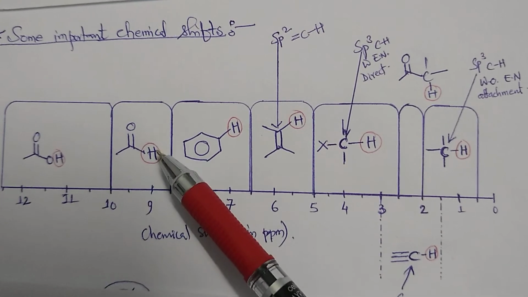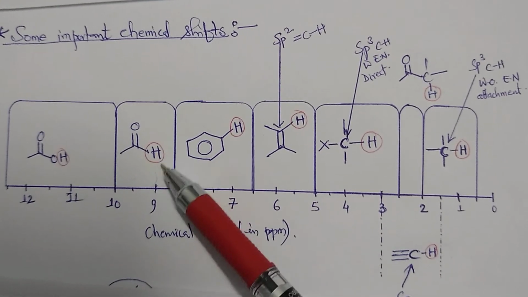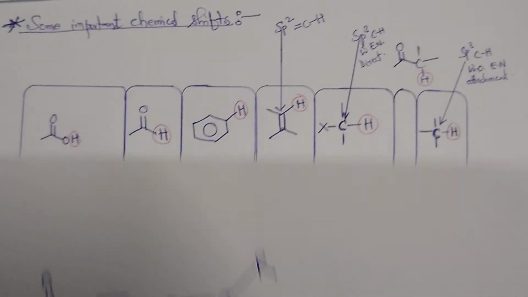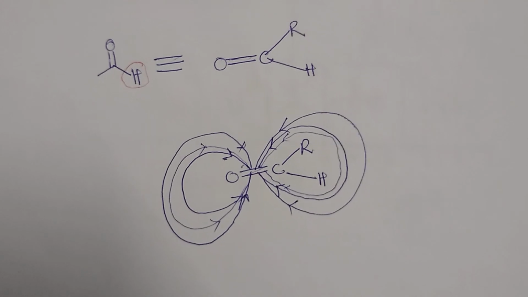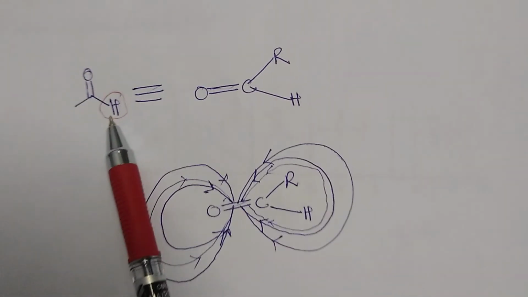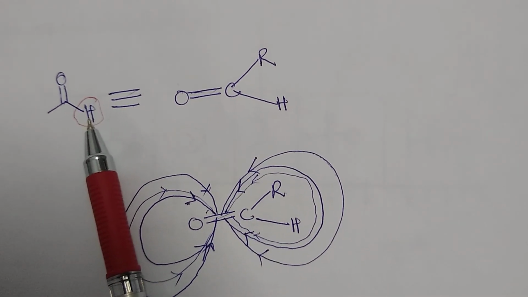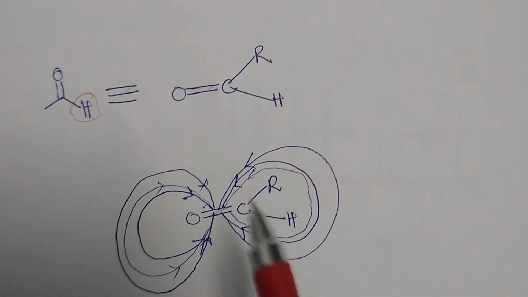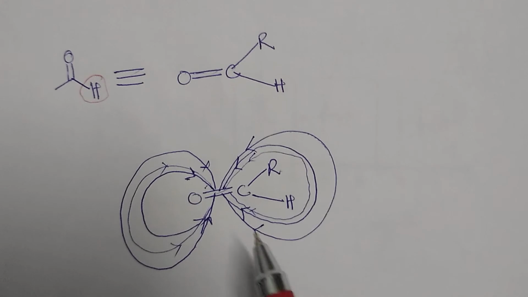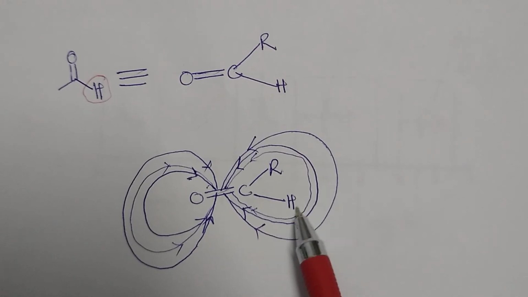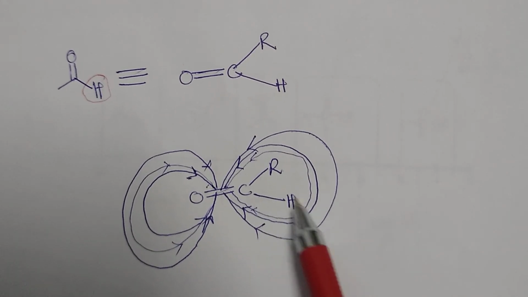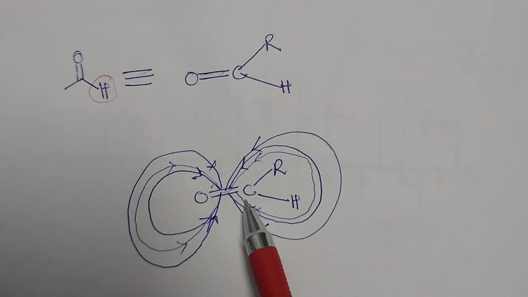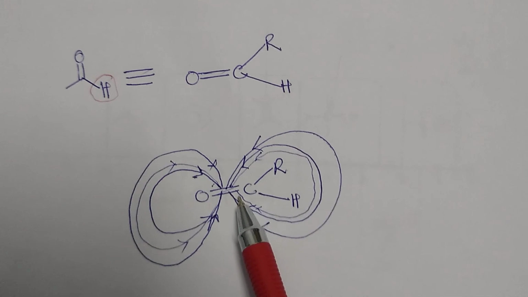Now, if we consider the aldehydic proton, it can be represented like this. Here, this is the aldehydic proton, and in an equivalent structure we can write it like this. The aldehydic proton lies in the paramagnetic zone of this carbonyl double bond, so due to that it will have a high chemical shift.